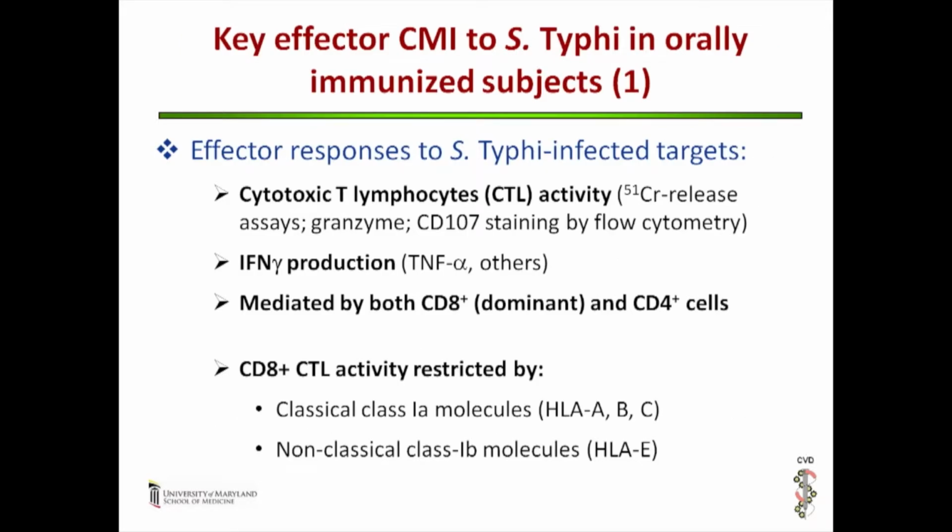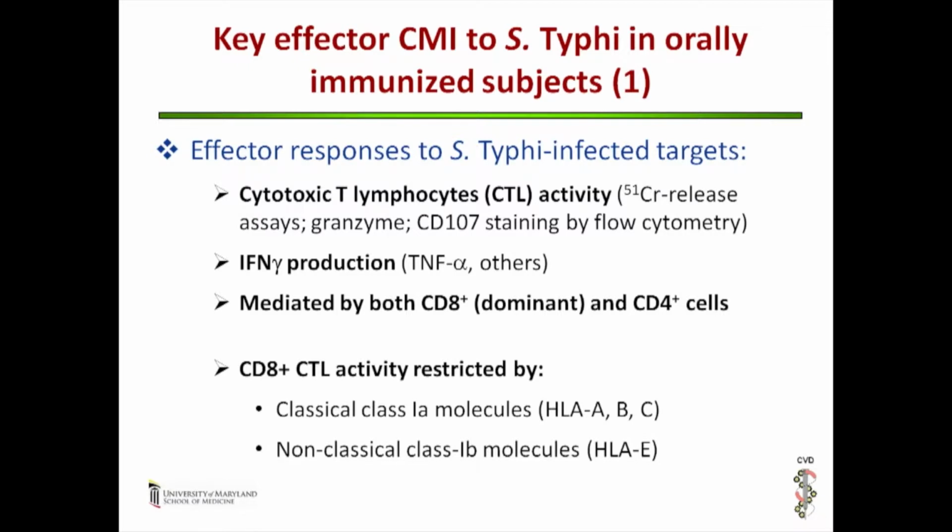So over the years, mostly using orally immunized typhoid vaccines, candidate typhoid vaccines, and Ty21a, my team has demonstrated the presence of CTL activity by many techniques: chromium release, granzyme, CD107 expression, interferon production, and that these responses were mediated by CD8, but CD4 cells also have the capability of inducing killing.